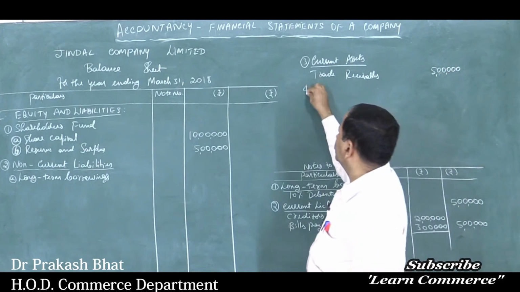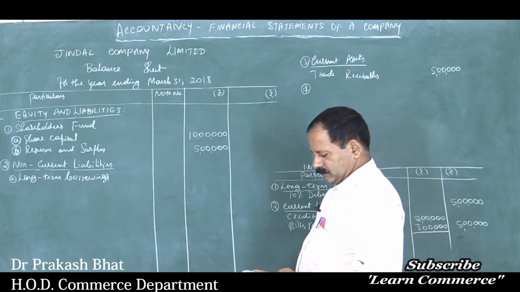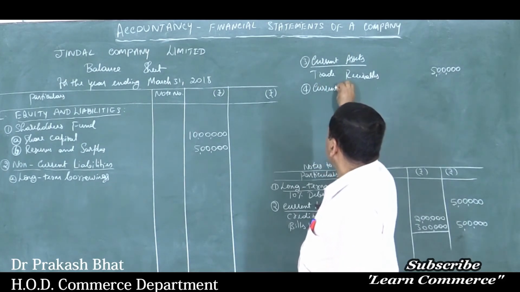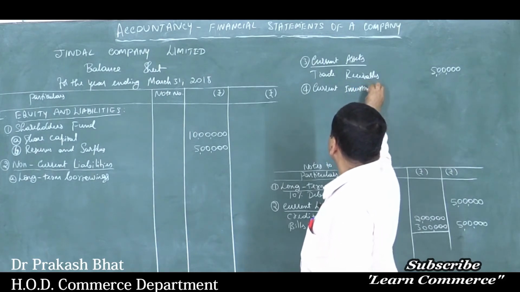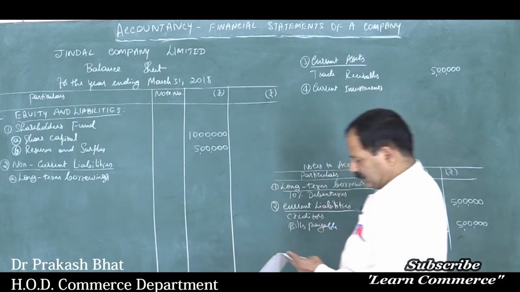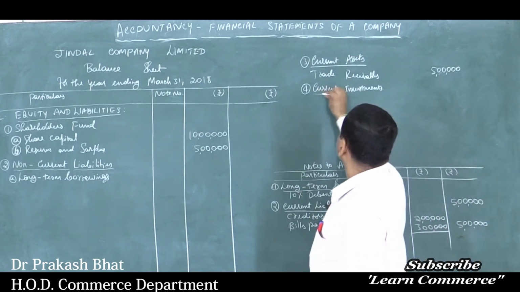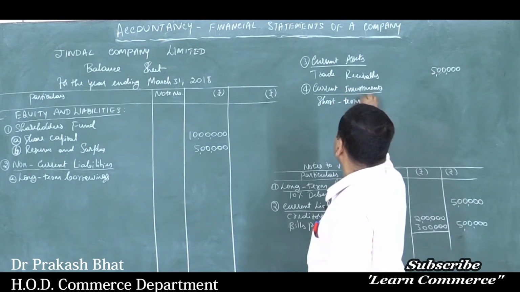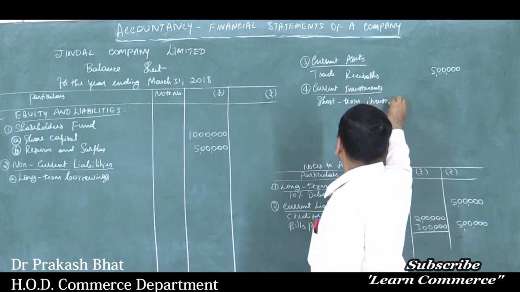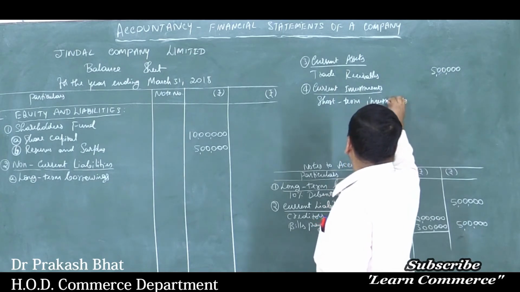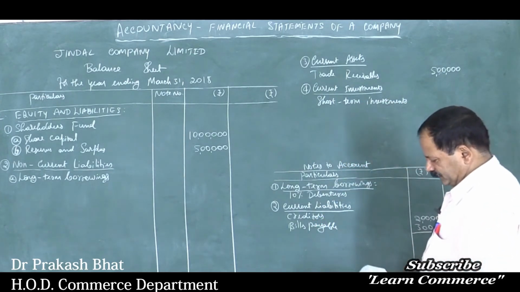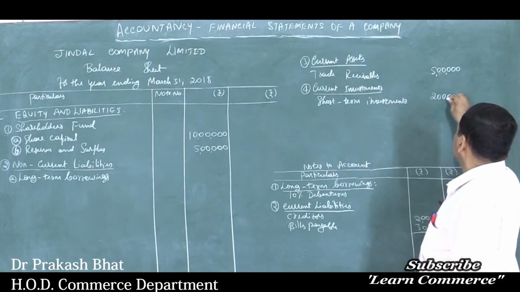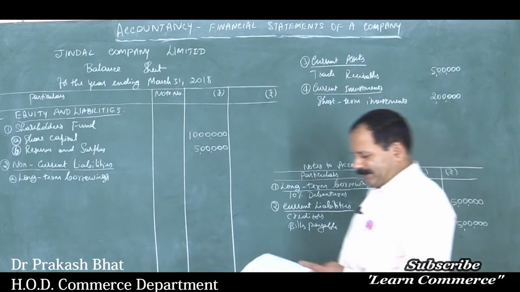Then fourth one, current investments. Under that, short-term investments. How much? 2 lakh. That's all, your note is done.